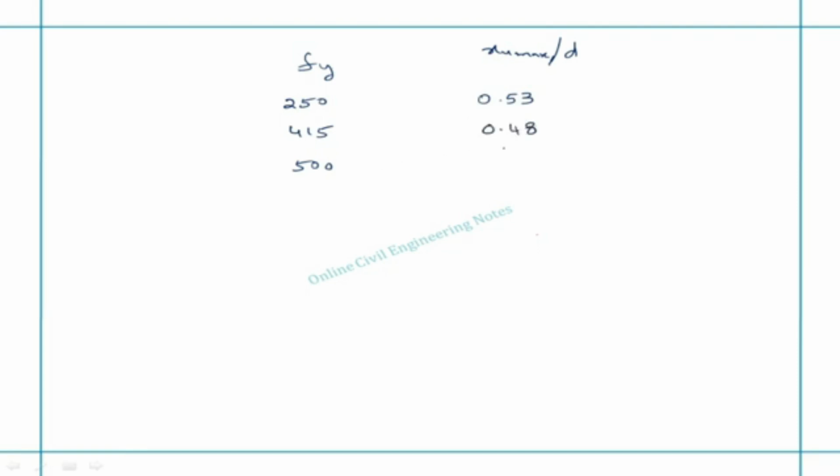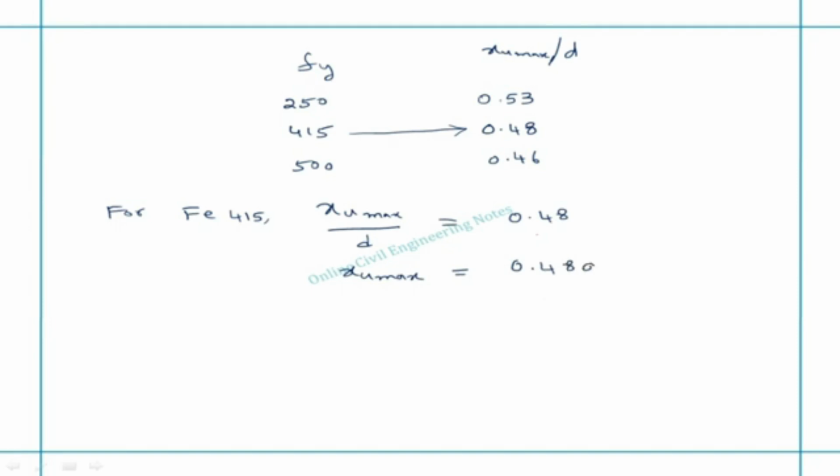Similarly for other Fys, 0.48, 0.46. So in our question the grade of steel is 415. So for Fe 415, XU max by D is equal to 0.48. Therefore XU max is equal to 0.48 times D.